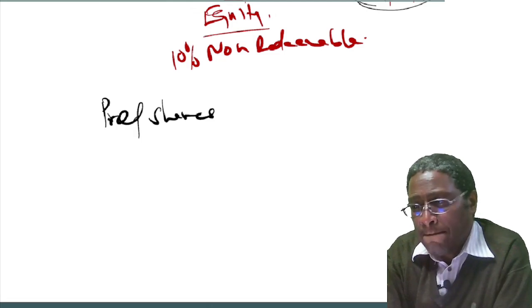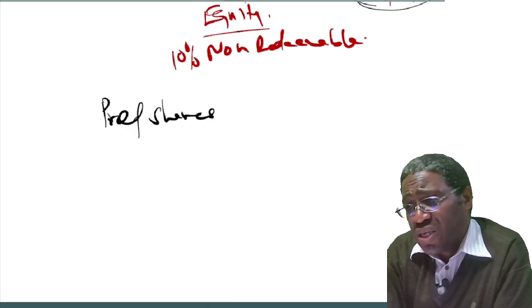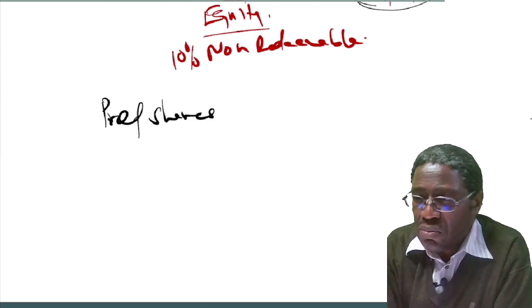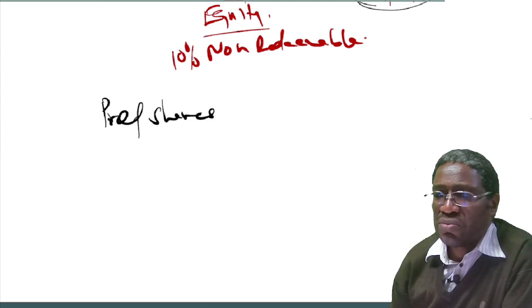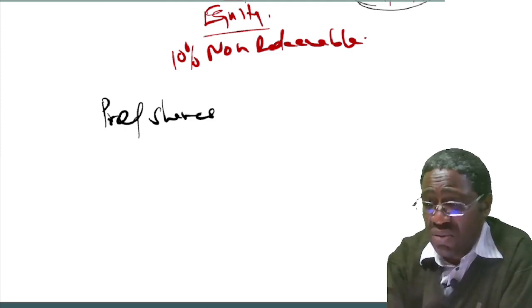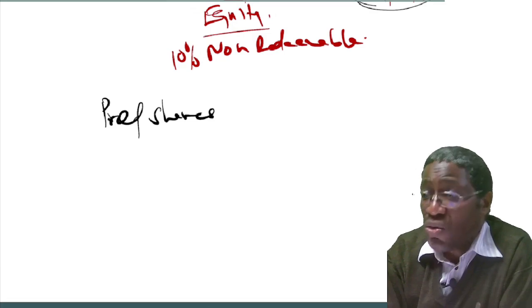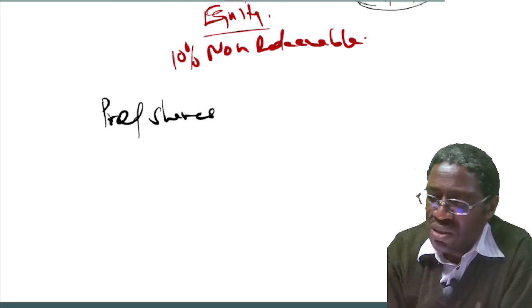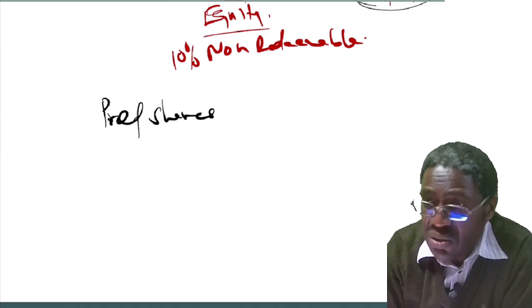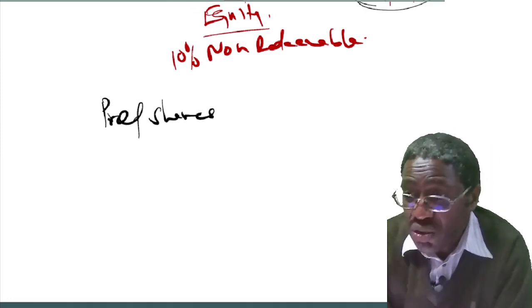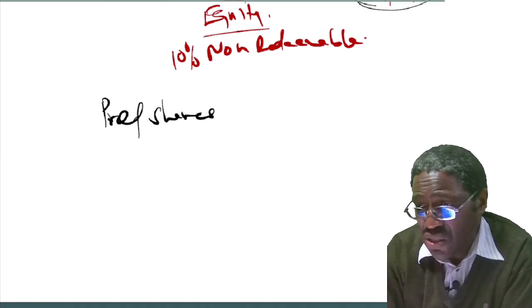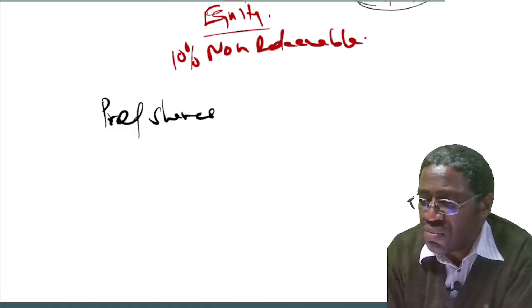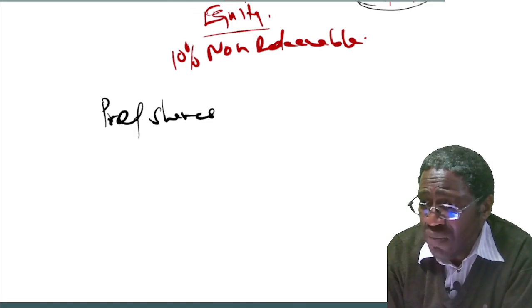Then you say this: if preference shares are redeemable, they are considered as a long-term liability in the balance sheet.